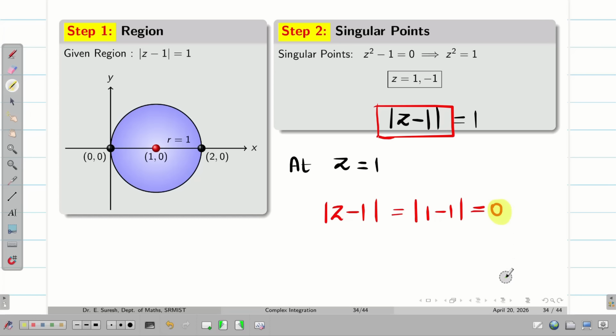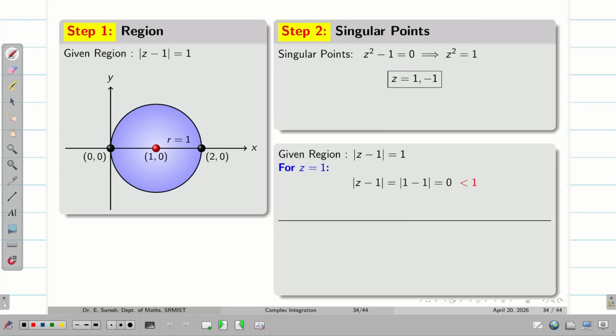Now we find our left hand side value is 0. Next we have to compare this value with my right hand side, which is 1. So we compare 0 and 1 and write whether it is less than 1 or greater than 1. Since 0 is less than 1, I can immediately say z equal to 1 is the singular point that lies inside C. You can see the typed version.